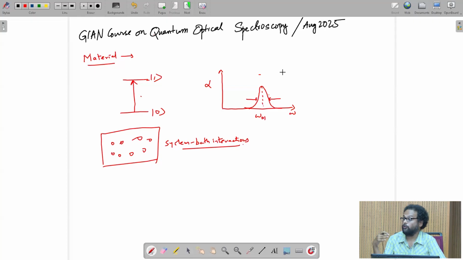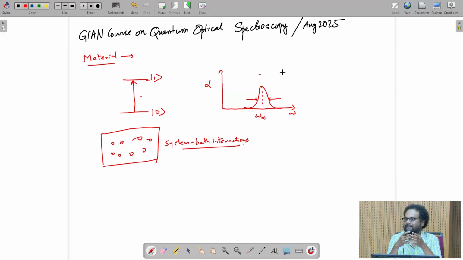Same goes with photoluminescence, which is basically you excite and collect the photons emitted by the material. Both of these will have a line shape which looks similar to this. Very, very powerful, no doubt about it, but highly limiting. That's a very important thing, because given that it's a very easy methodology to explore, it is widely used by material physicists.